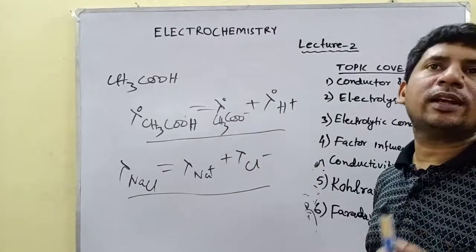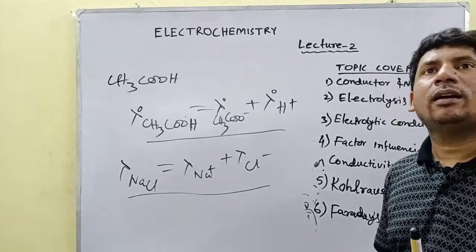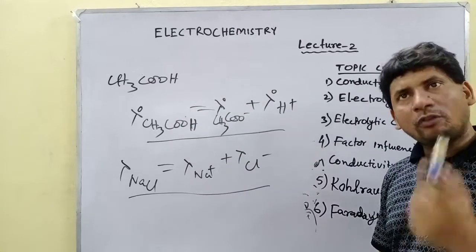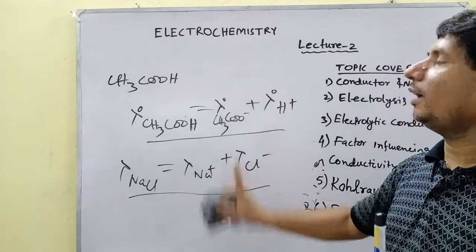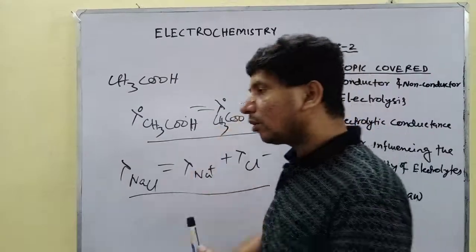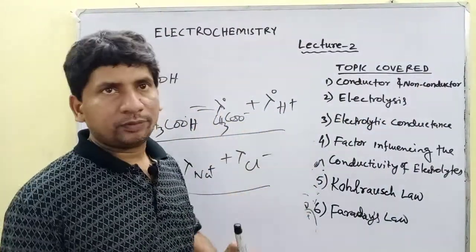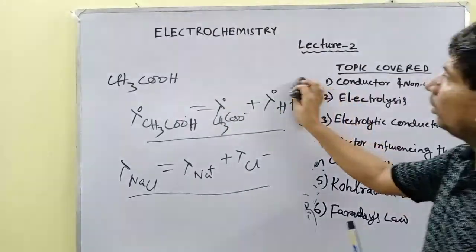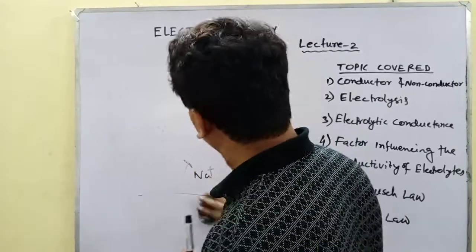This rule is known as Kohlrausch's law. So this states the equivalent conductance of an electrolyte at infinite dilution is the sum of its conductance of cation plus anion.